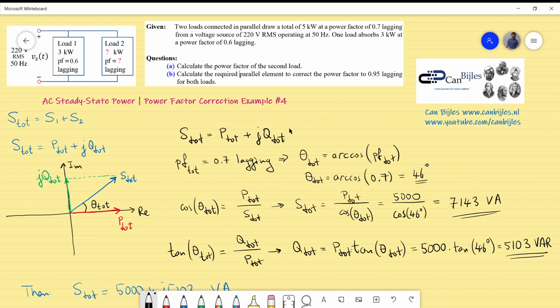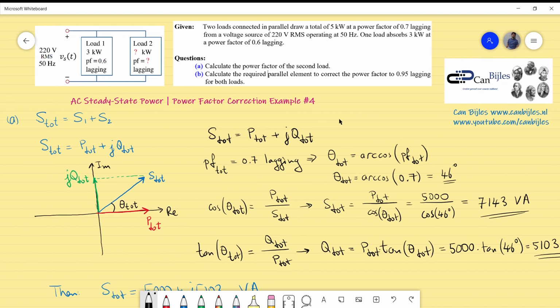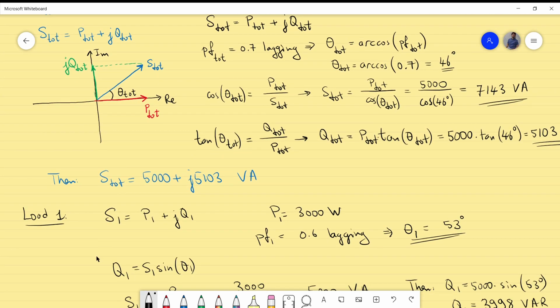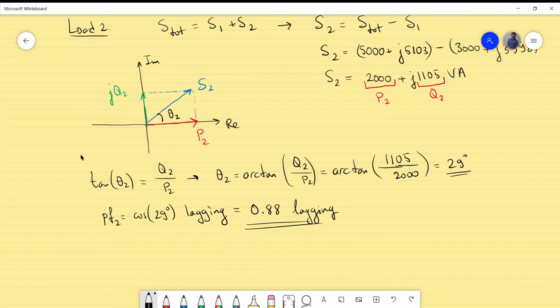Let's move again to the power diagram, specifically looking at the total apparent power. That's very important. I will redraw this and make an improvement such that the power factor increases from 0.7 to 0.95. So let's move on to question B.